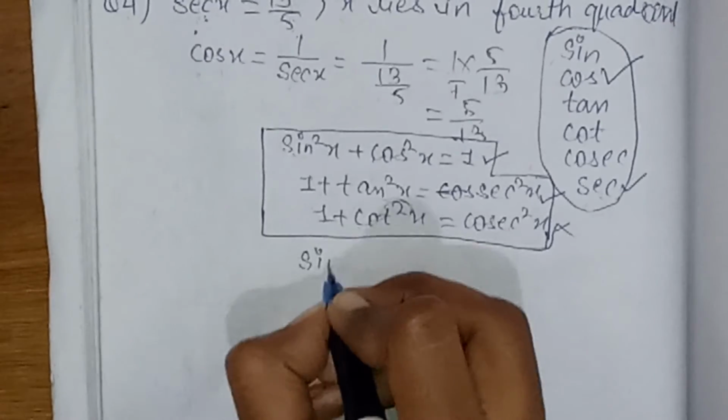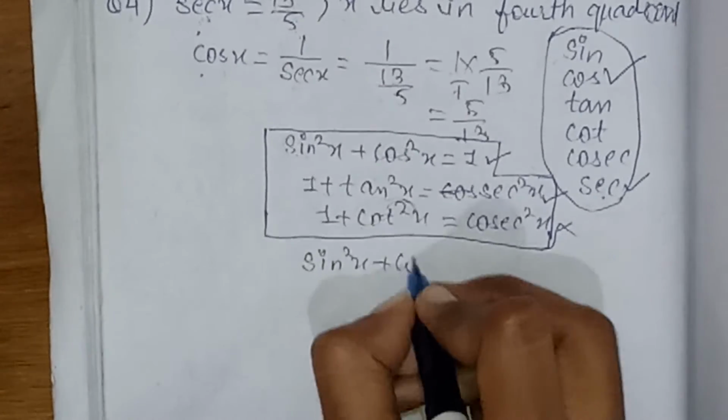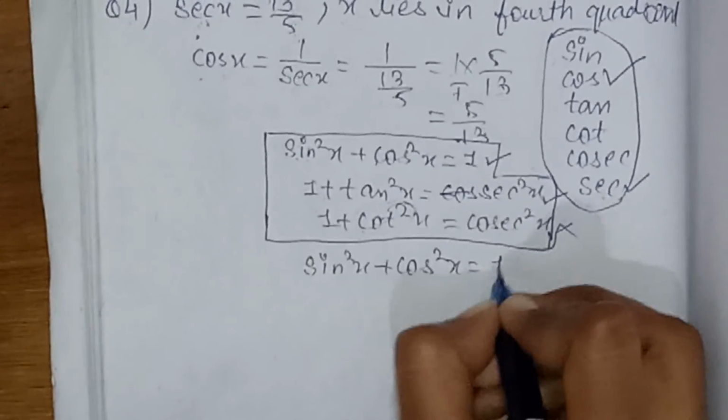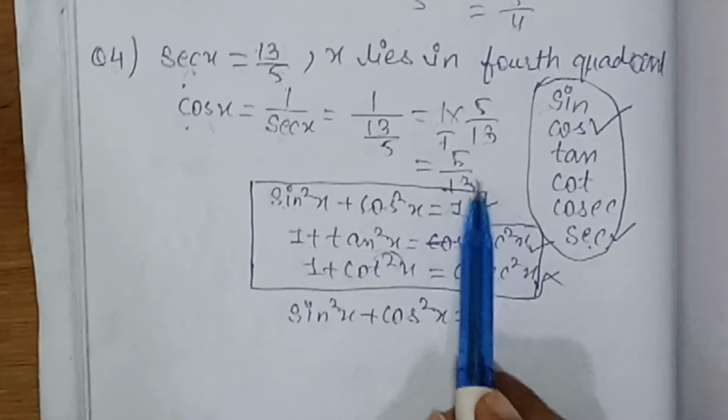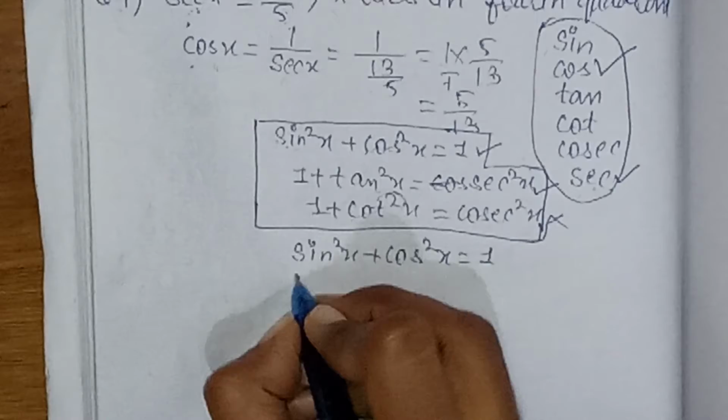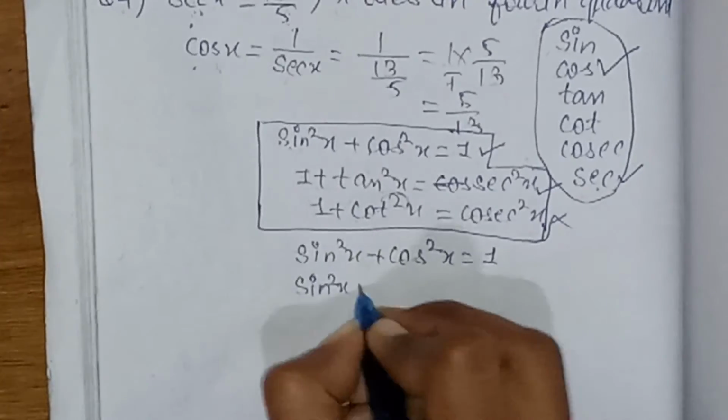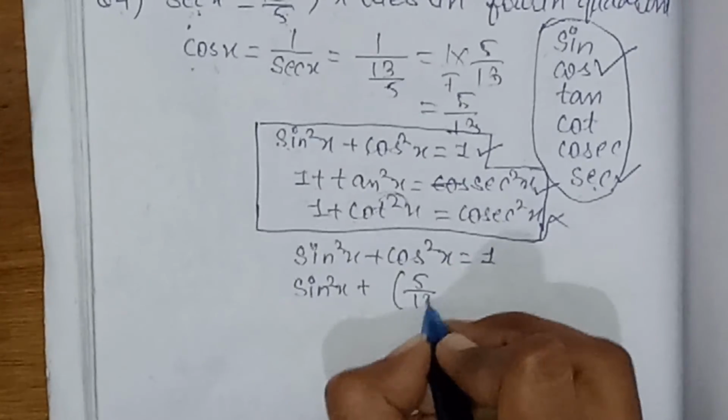So sin square x plus cos square x is equal to 1. For the value of cos, that is 5 by 13, 5 by 13 whole square.